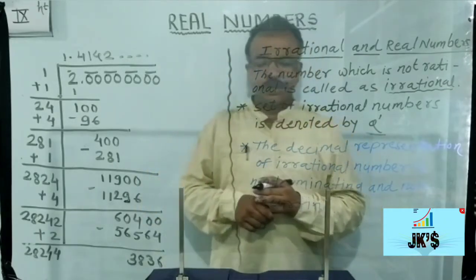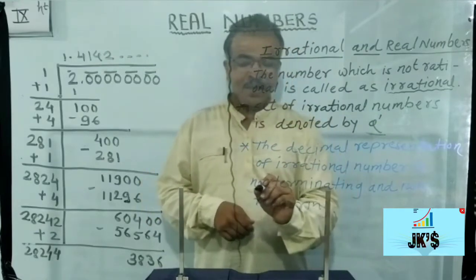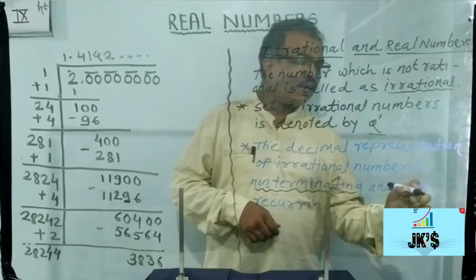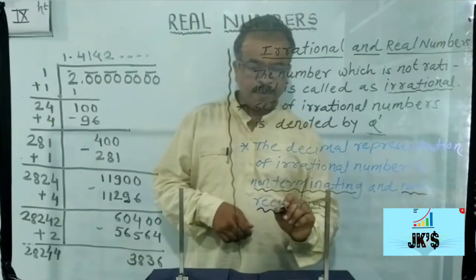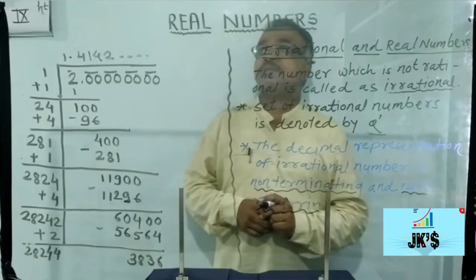But which numbers are irrational numbers? Those which are non-terminating as well as non-recurring decimal fractions are known as irrational numbers.